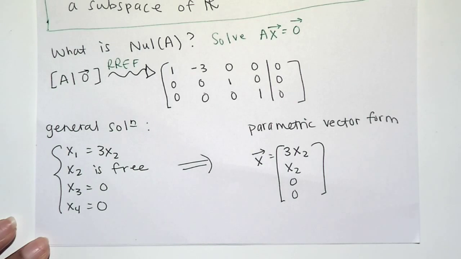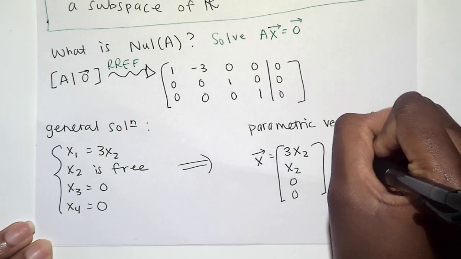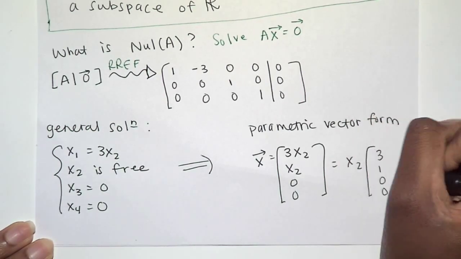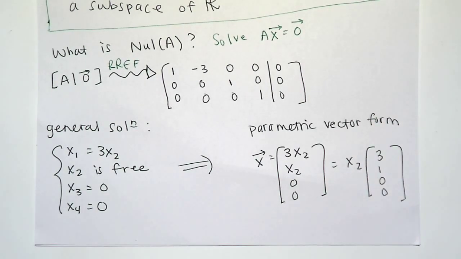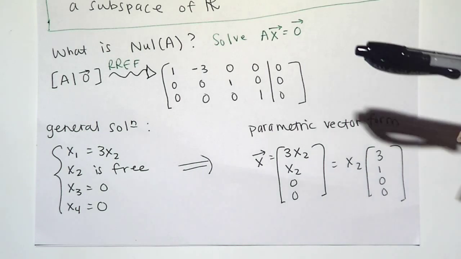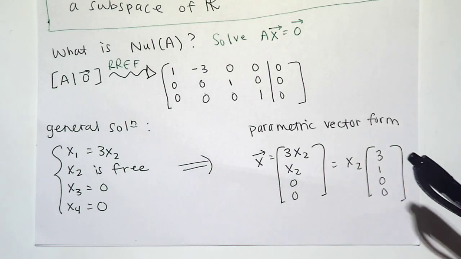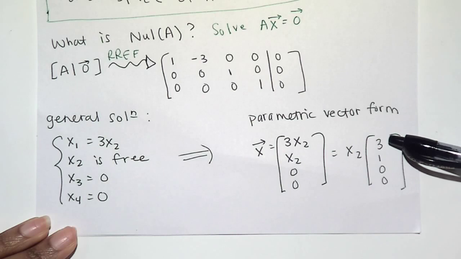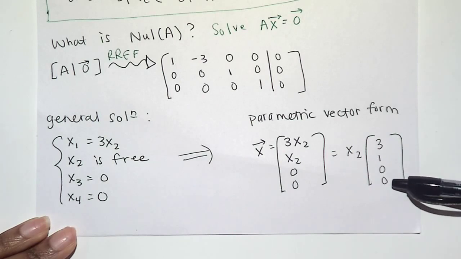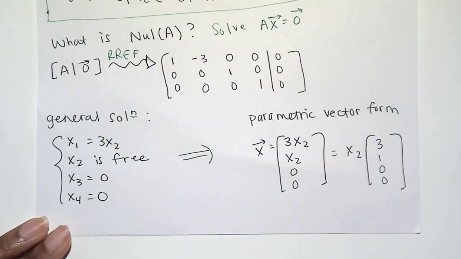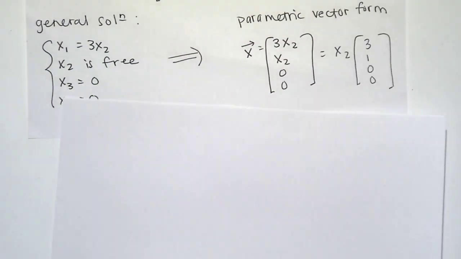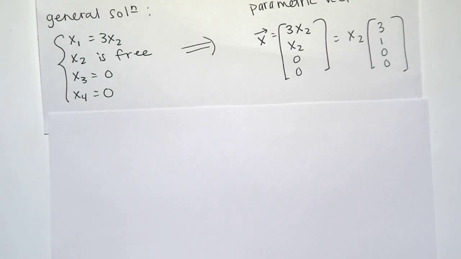And now I can factor out the x2, right? All right, so that means every solution to our homogeneous system is going to be a scalar multiple of this vector 3, 1, 0, 0. So every linear combination here. All right, so that tells us we got a span, which is going to lead us to our subspace.